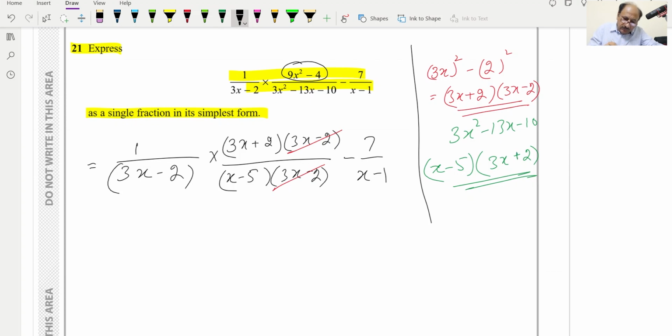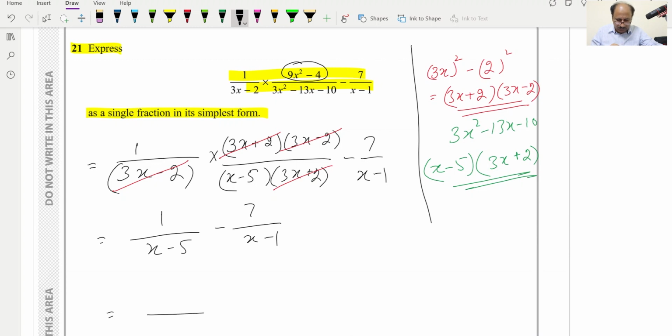I will erase this one and first make the correction, then we will cancel. So 3x plus 2 will be cancelled with 3x plus 2, and 3x minus 2 will be cancelled with this 3x minus 2, and the remaining portion is 1 over x minus 5 and minus 7 over x minus 1.